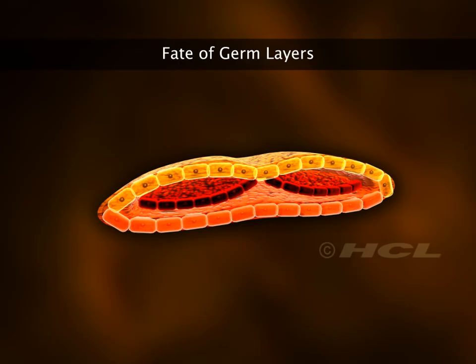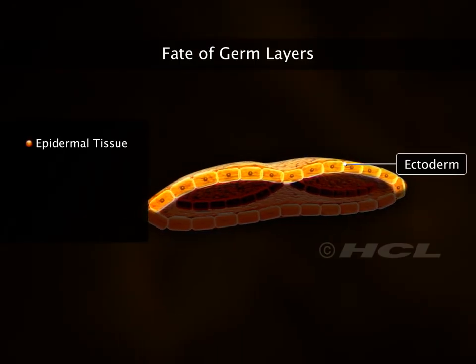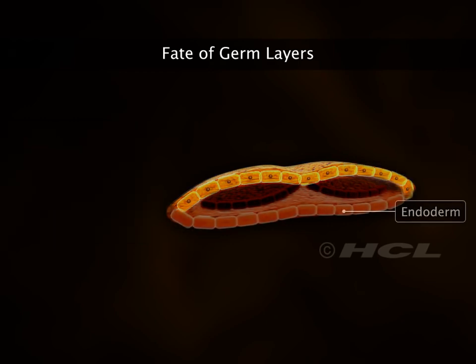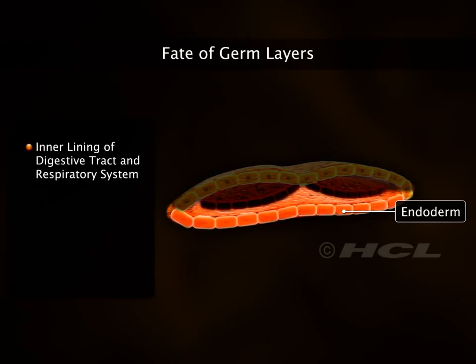Gastrulation establishes the body pattern, that is, each tissue and organ of the adult originates in one of the three primary germ layers of the gastrula. The ectoderm gives rise to epidermal tissue, nervous tissue, retina, lens, cornea, etc. The endoderm forms the inner lining of the digestive tract, liver, pancreas, inner lining of the respiratory system, urinary bladder, urethra, vagina.